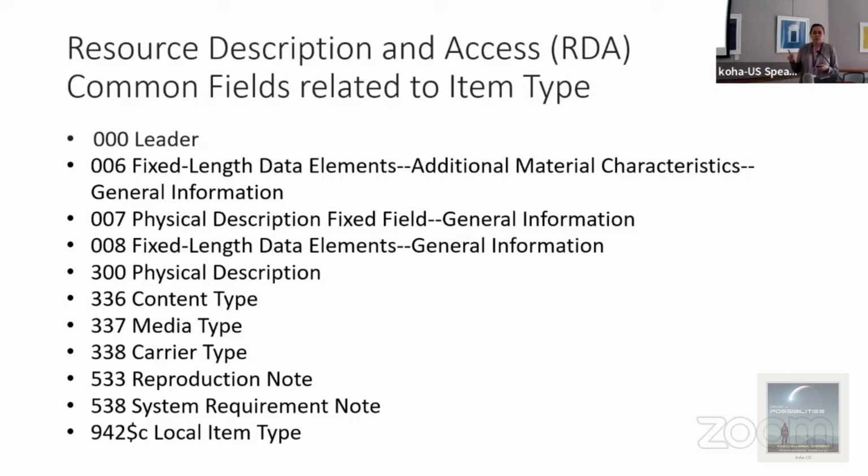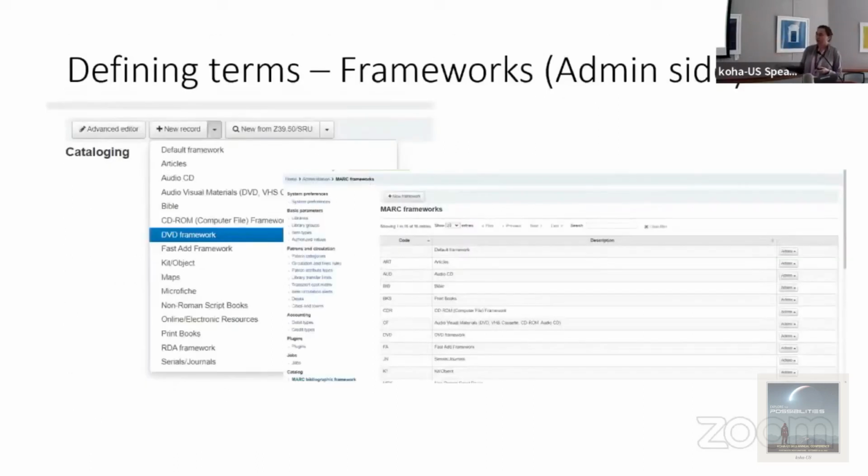DVDs from the US cannot be played on all DVD players in Asia. There's a different system. And I know our DVDs can't be played on players from Australia, and theirs can't be played here. There are conversions involved. So that's helpful to have there, and then the local item note.